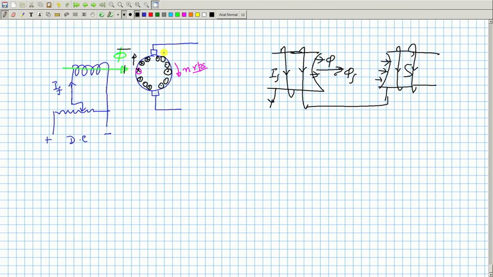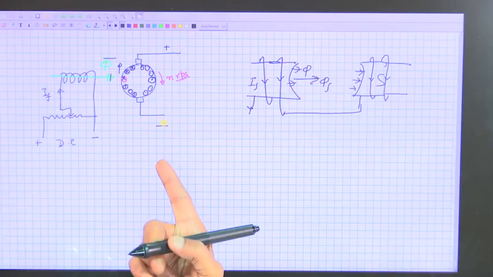Now, out of these two brushes, which is plus or minus is difficult to say from this. We will assume this is plus and this is minus, for that nothing is going to change, because it is the armature current distribution which matters.